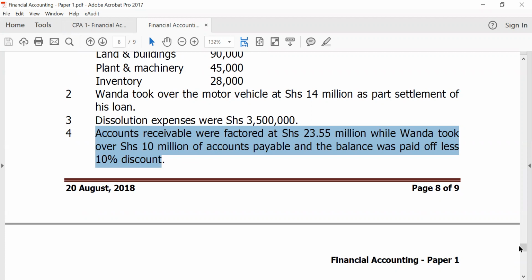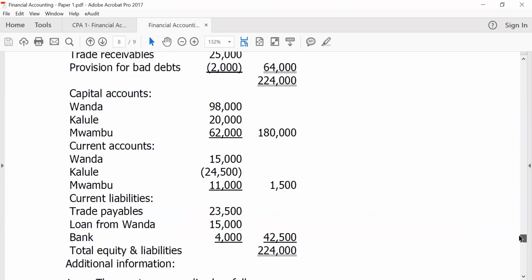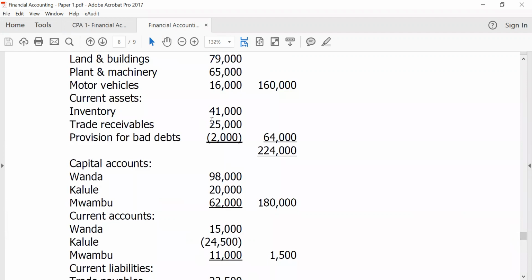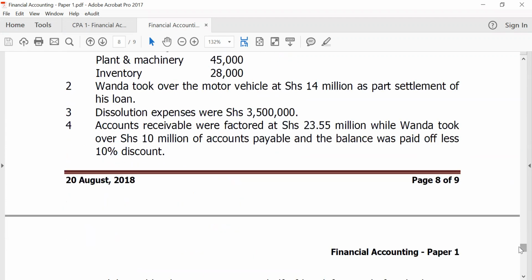You demand from somebody and somebody gives you a lesser amount, and they go after that person to pay them. So it's the same thing here: our accounts receivables that we are seeing here, which are 25,000, were realized at 23.55 million. They were realized at 23.55 million. Now that 23.55 million is money that has been paid.